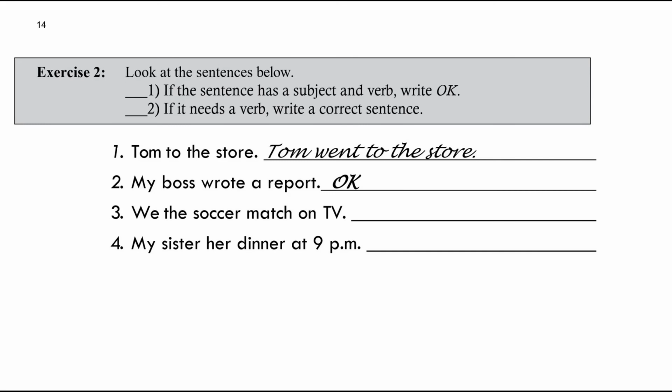That's good. It's got a subject and verb. Then number 3, the soccer match on TV. And the students will realize, well, yeah, it's missing a verb. So they would write, we watched the soccer match on TV. On number 4, my sister her dinner at 9 p.m. And again, they realize, oh, it's missing a verb. So they would write, my sister ate her dinner at 9 p.m.